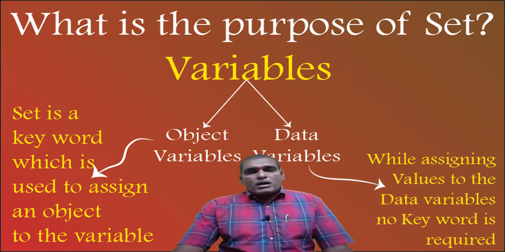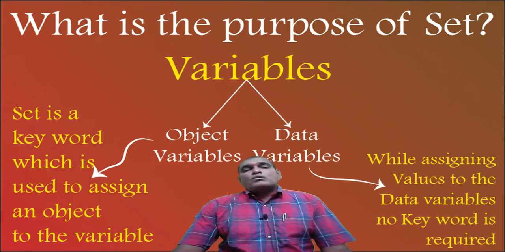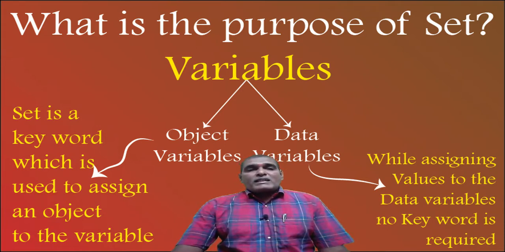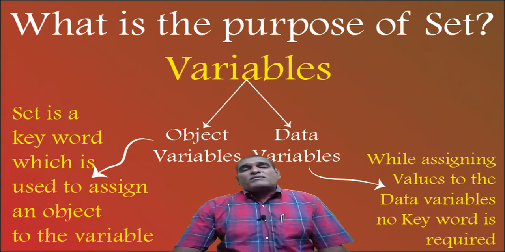In a VBA program, we can find two types of variables. First one is object variables and second one is data variables. While writing the program, the user has to mention set as a keyword while assigning the object to the particular variable. Coming to a data variable, it is not required to mention any keyword.